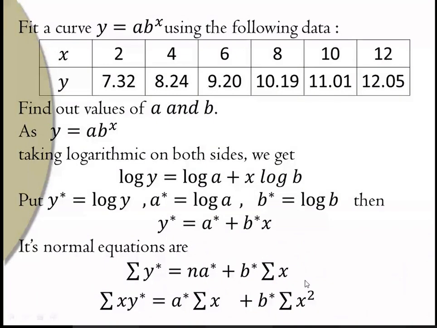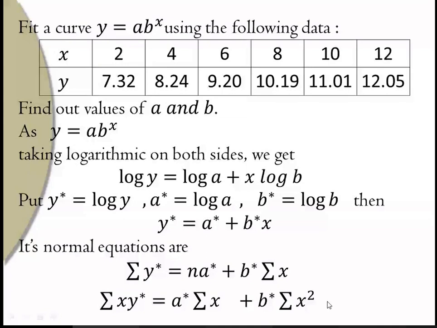Now what we need in this is summation y star, summation x y star, summation x and summation x square. So whichever summation we need, accordingly, we have to make the extra columns in the table. So we need y star, x y star and x square. So we have to make these extra columns of y star, x y star and x square.